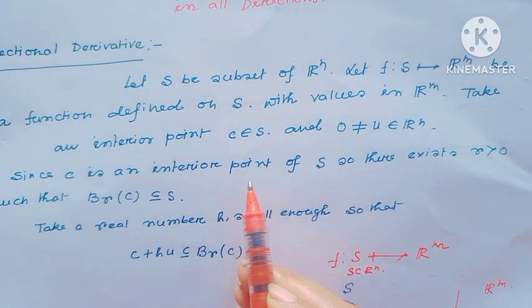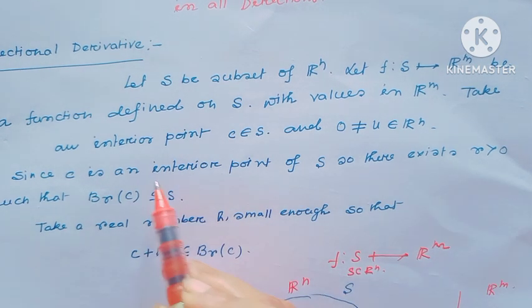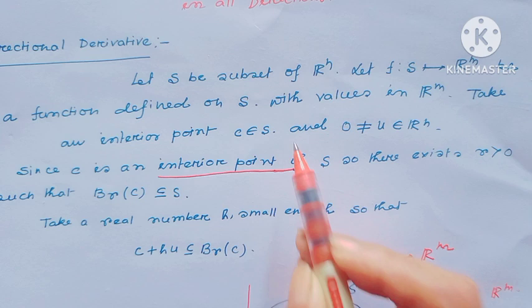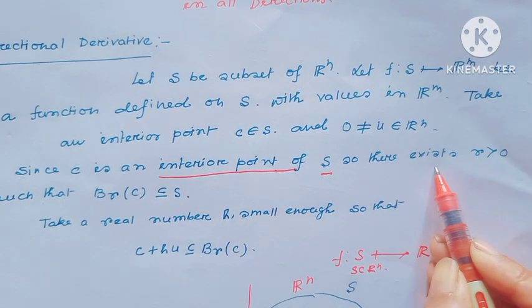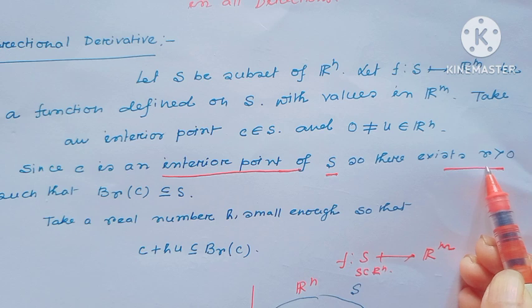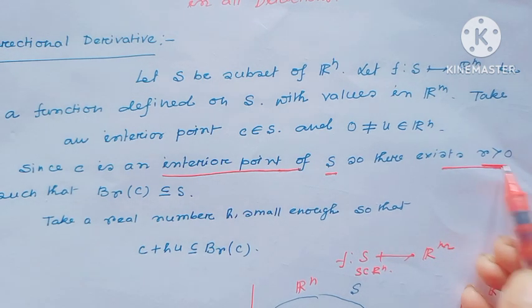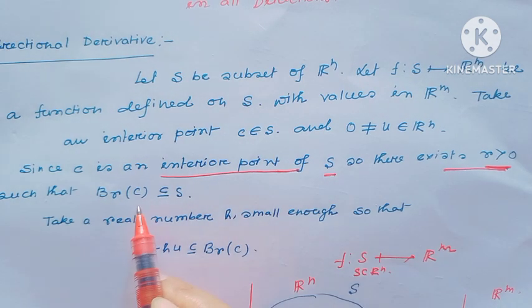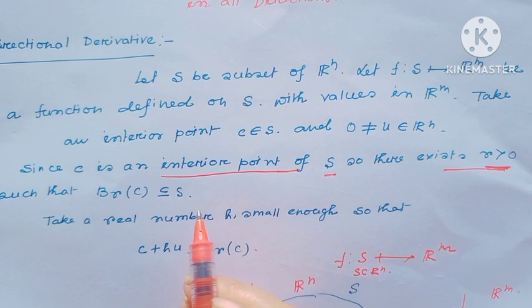Since c is an interior point of the subset S, there obviously exists a ball of radius r greater than 0 such that B_r(c) is contained in S.